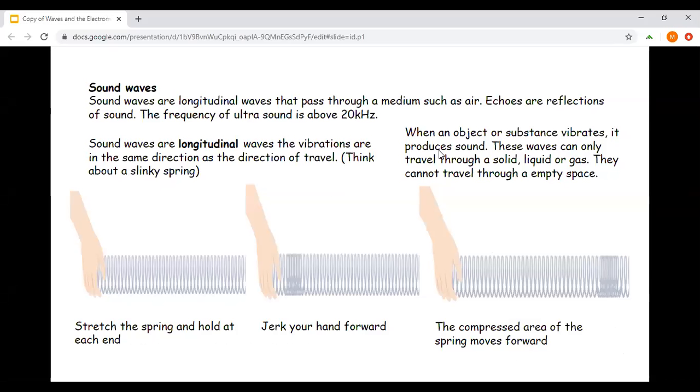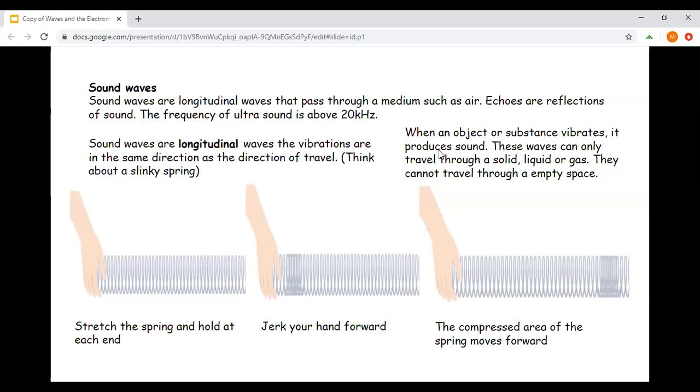Okay, so as I said, a sound wave is a longitudinal wave, and echoes are reflections of sound. Sound waves are longitudinal, and the vibrations travel in the same direction as the direction of travel. So, as I said, think about your slinky spring.